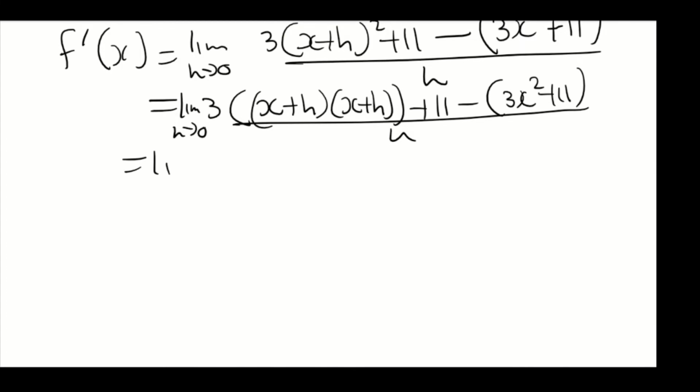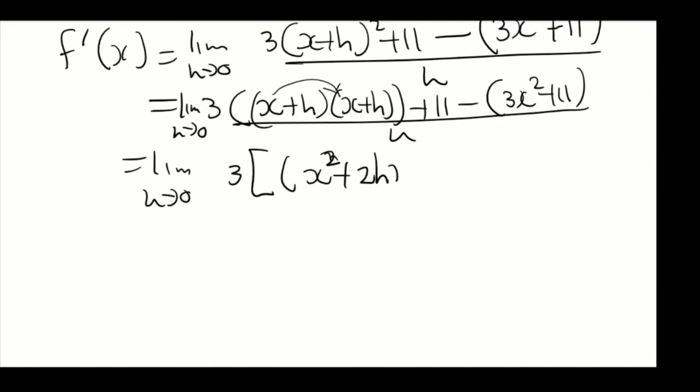So we have 3 into, and we find the product using the FOIL method. It's going to be x squared plus 2hx plus h squared, right? Meaning that we're going to have x times x, which is x squared, x times h, which is xh, plus x times h, which is xh.